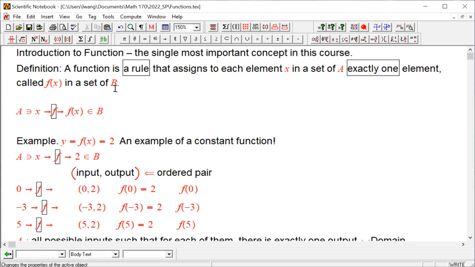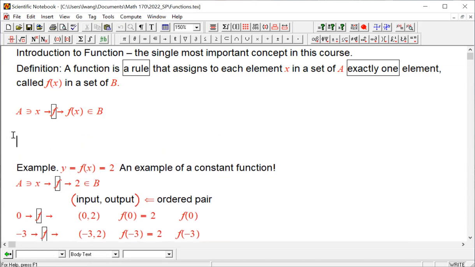Now, a natural question would be, if we have this rule, how many inputs could this rule apply to?